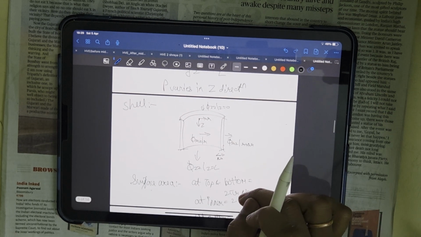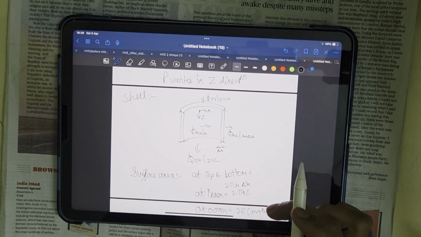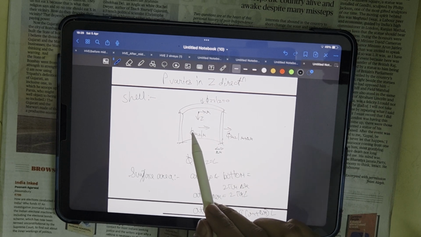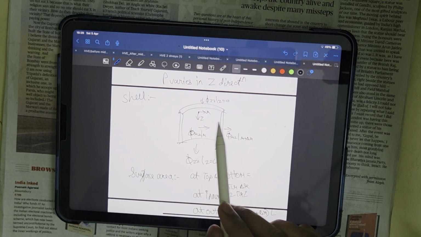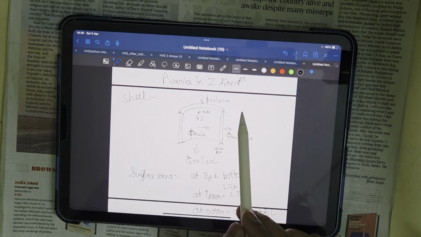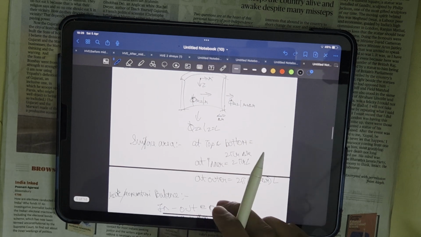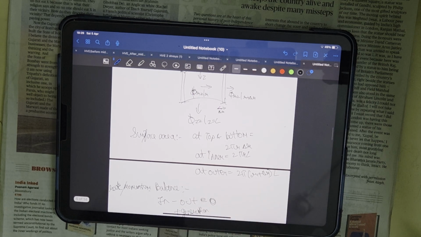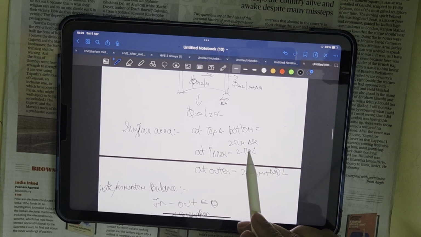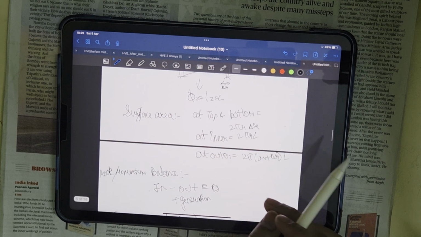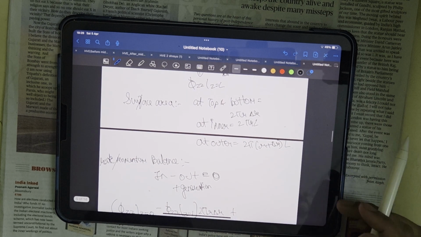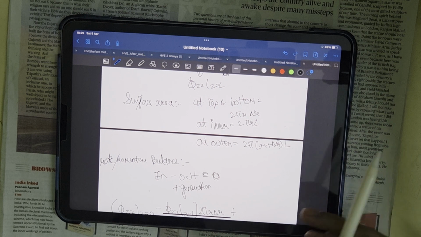The shell for the given problem is: phi rz goes from r to r plus delta r, and phi zz goes from z equal to 0 to z equal to L. The surface area for the given shell is 2 pi r into delta r for top and bottom. At inner it is 2 pi r into L. At outer it is 2 pi L into (r plus dr).